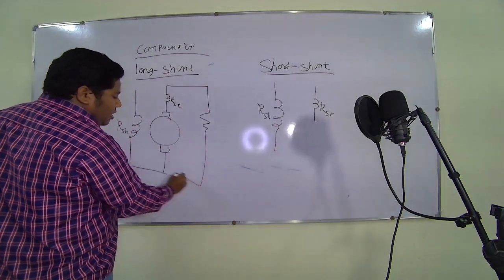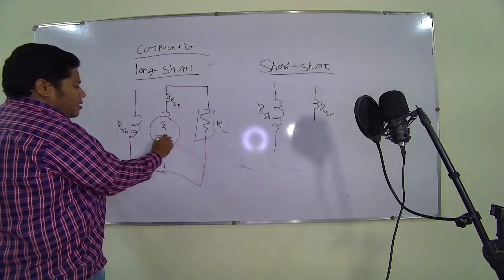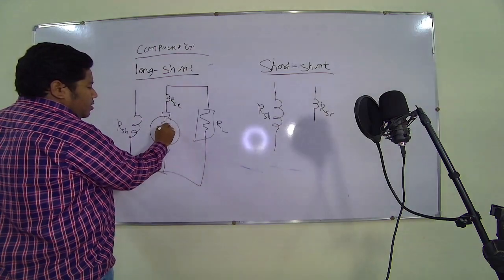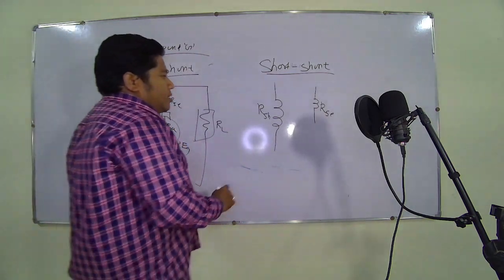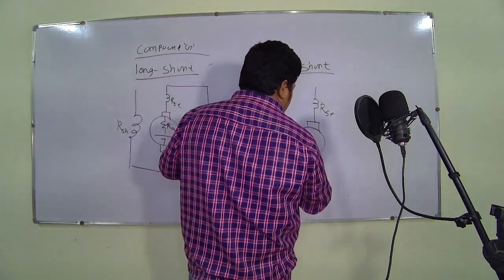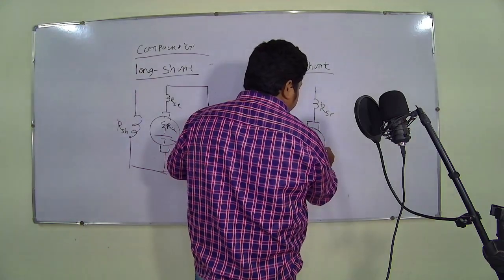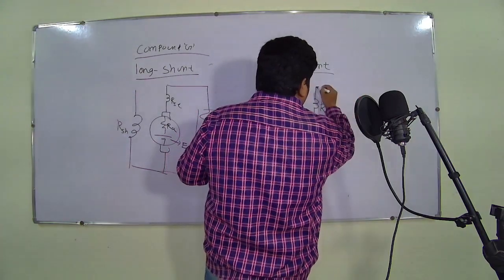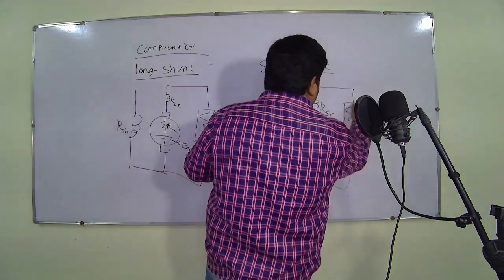Then we have to take load resistance. This is armature resistance RA, this is EG. Load is connected here.